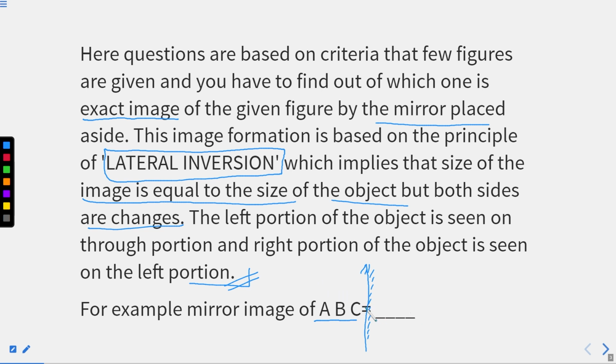For C, the mirror image will be like this. For B, the mirror image will be like this. For A as well, the mirror image will remain the same. So this is going to be the mirror image for the alphabets A, B and C.